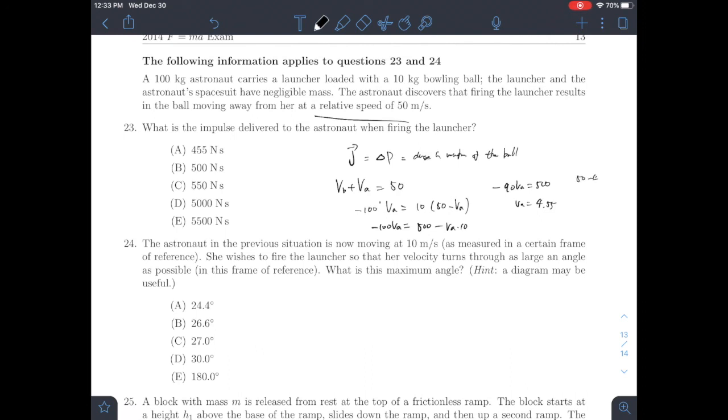VB is equal to 50 minus 4.55, which is 45.45 approximately. So we calculate the momentum as 45.45 times 10. The change in momentum, which is the impulse, will be about 455. So the answer is A.